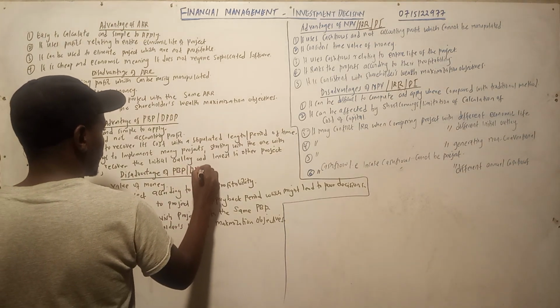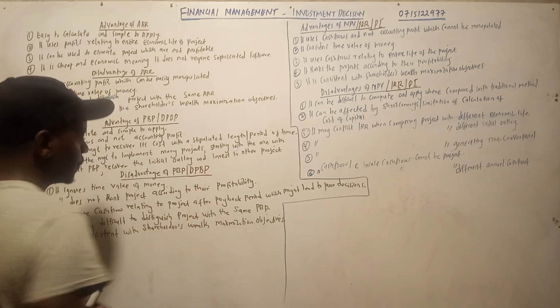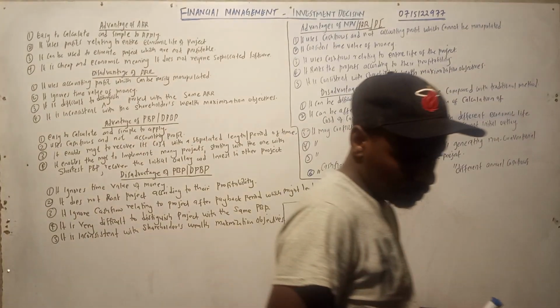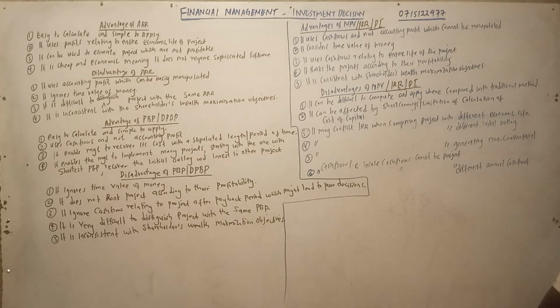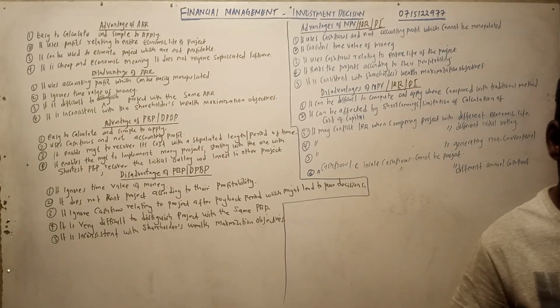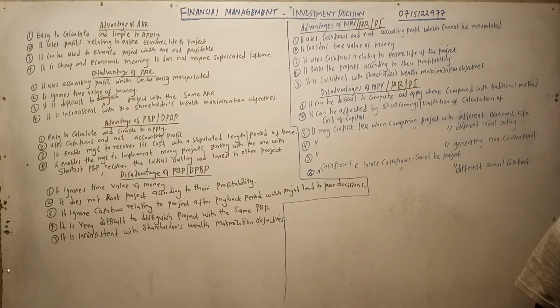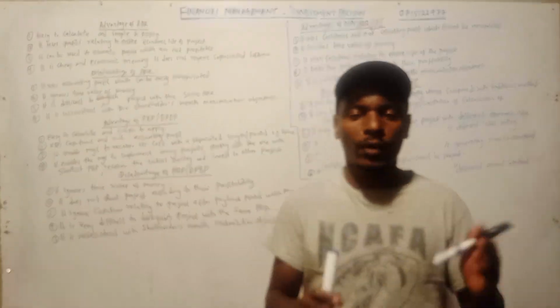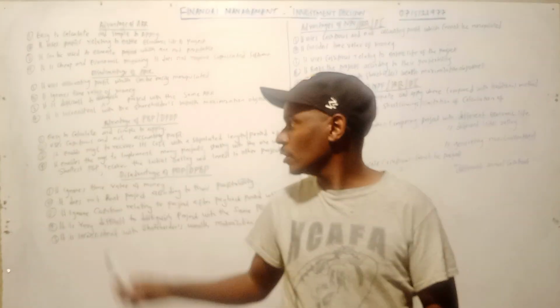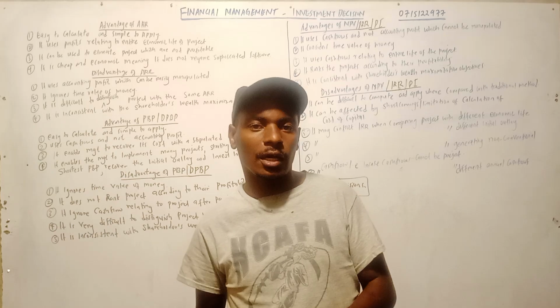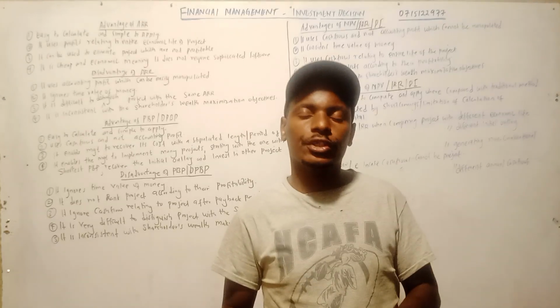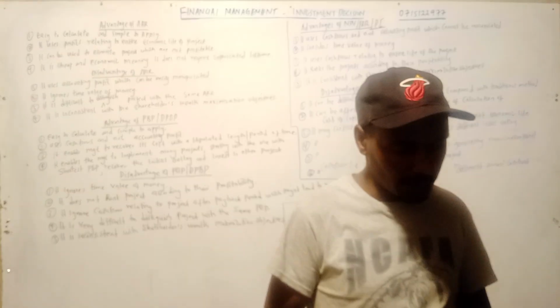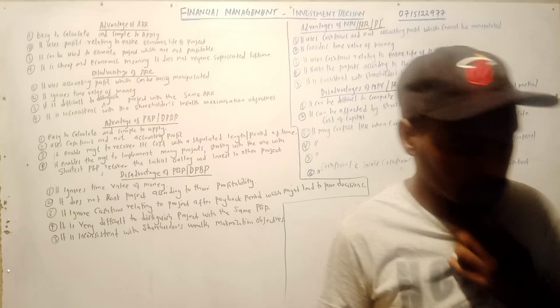To save time, they are the same. So that one is okay. Now we are remaining with two items. Let's mark the end of advantages and disadvantages, which is just a repetition.